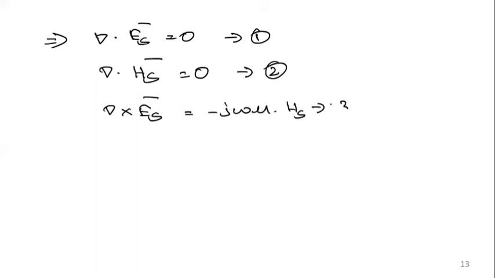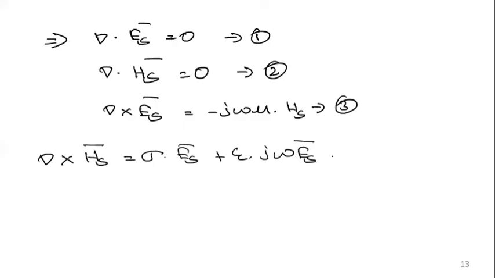That is equation number 3. Then equation number 4 will be del cross Hs is equal to sigma into Es plus epsilon into j omega Es. That is equation number 4. And you know from mathematics that d by dt is equal to j omega.